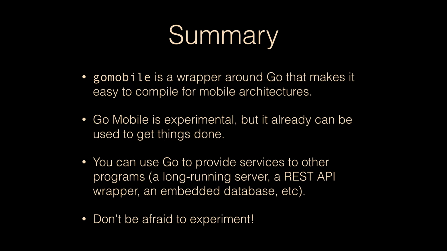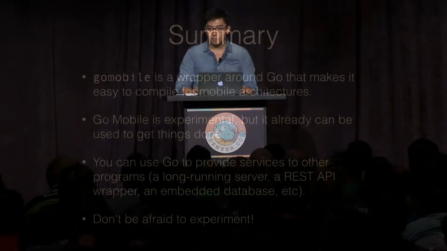Maybe you can use an embedded database or whatever program you love in Go. Maybe you can use it on your mobile phone. Or in our case, we did a lot of networking programming, and it was not as difficult for us to come up with a solution.